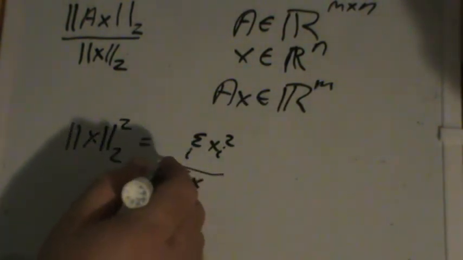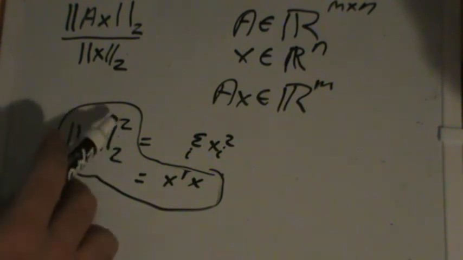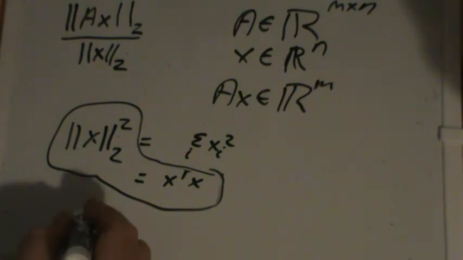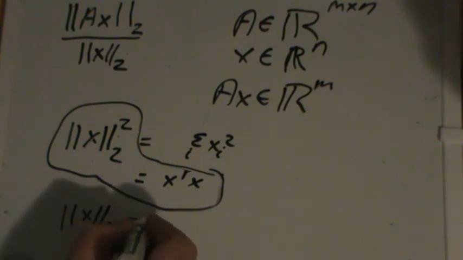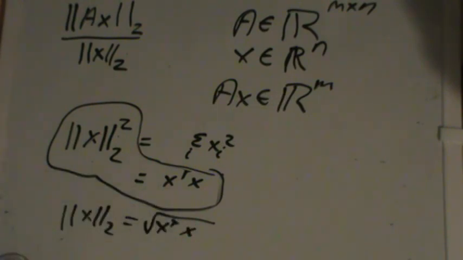And so this result right here, that the 2 norm squared is equal to x transpose times x, is a nice way to go from this norm notation into a regular matrix or vector multiplication notation. So if you actually want to then just express the 2 norm, you could then just say it's the square root of x transpose x. That's a scalar, it's perfectly well defined and understandable, so away you go.